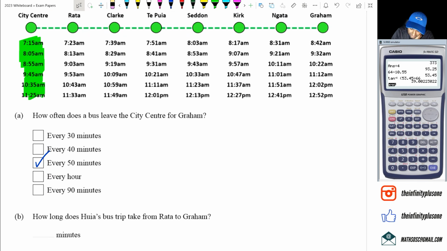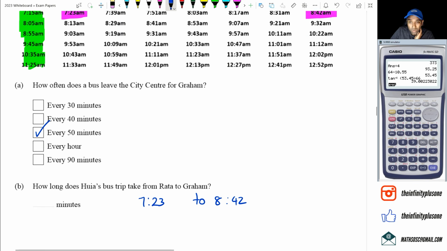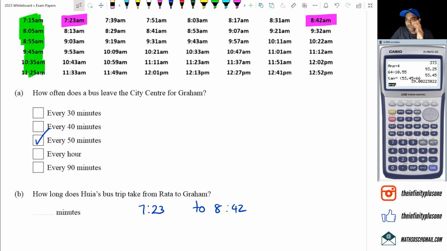The second question is, how long does Huya's bus trip take from Rata to Graham? All right, so Rata to Graham, we're looking at 7:23 to 8:42. Now, time questions always go to the hour, right? So 7:23 to 8 is going to give me 37 minutes.